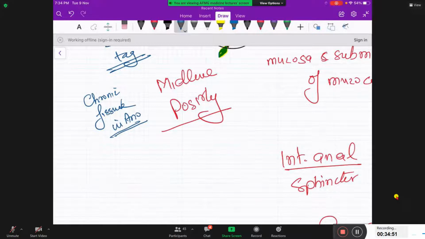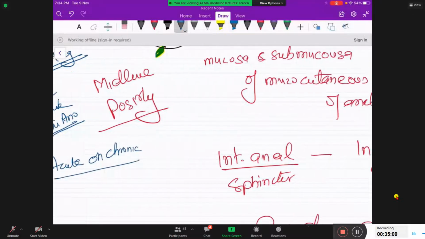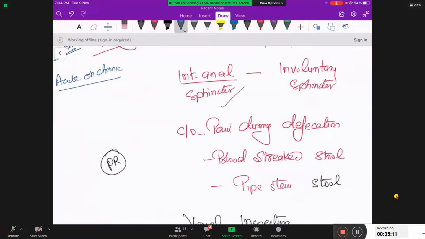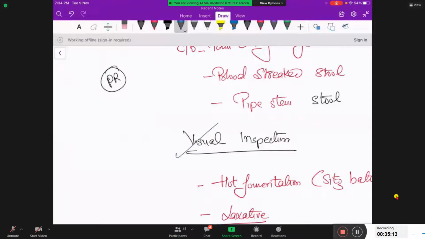Okay. Now, this patient who has a sentinel tag, if ever develops an acute attack, an acute exacerbation, obviously this will be called acute on chronic. The presentation of this patient, diagnosis of this patient, everything remains the same.